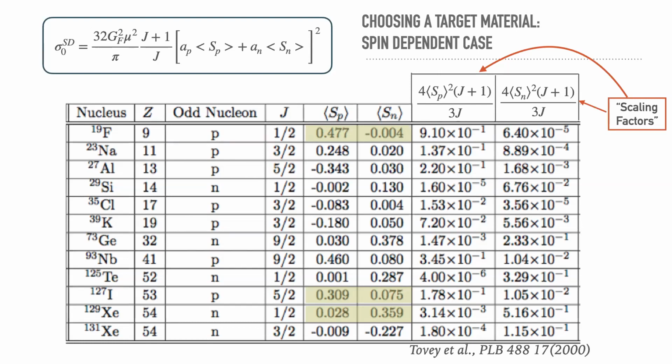This is the nuclear substructure of it. So in the spin-dependent case, the coupling to a proton or a neutron is important. It's not that the terms are similar.